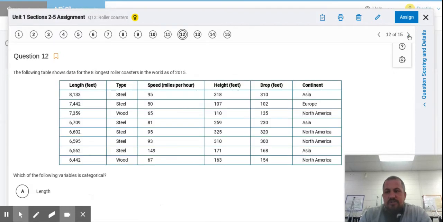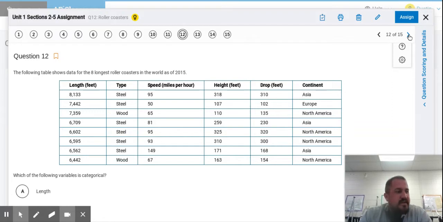In question 12, you now have a two-way, well, not a two-way table, but you have a list of variables from the 8 longest roller coasters in the world. You have their length, type, speed, height, drop, and continent.